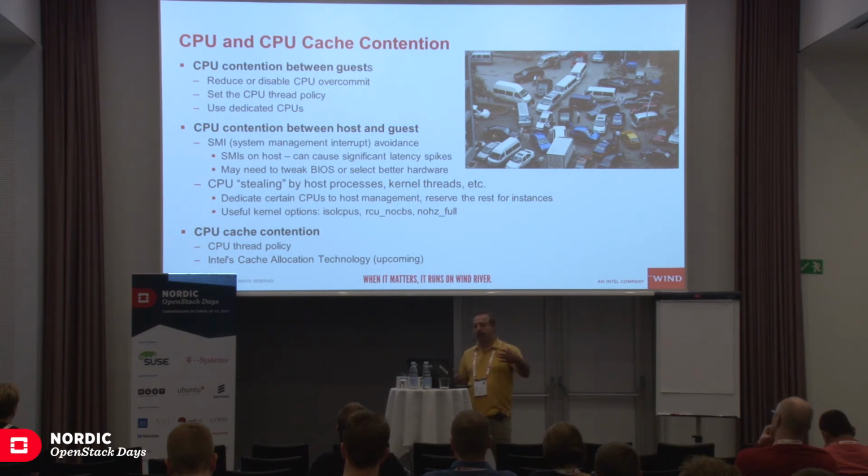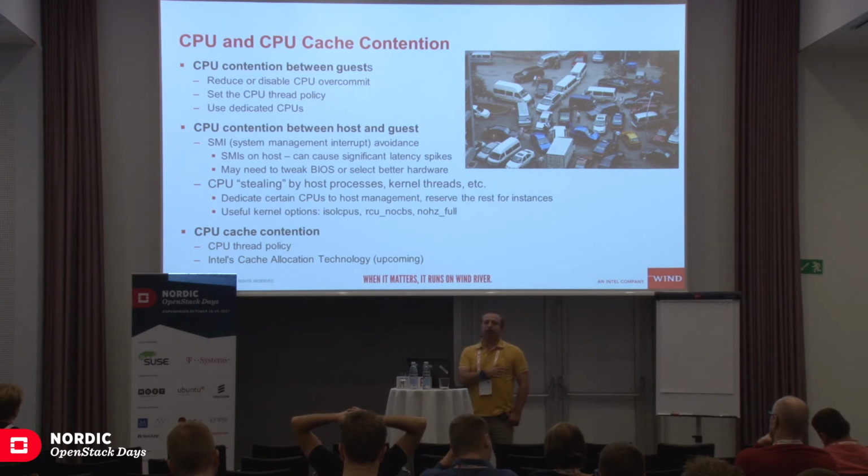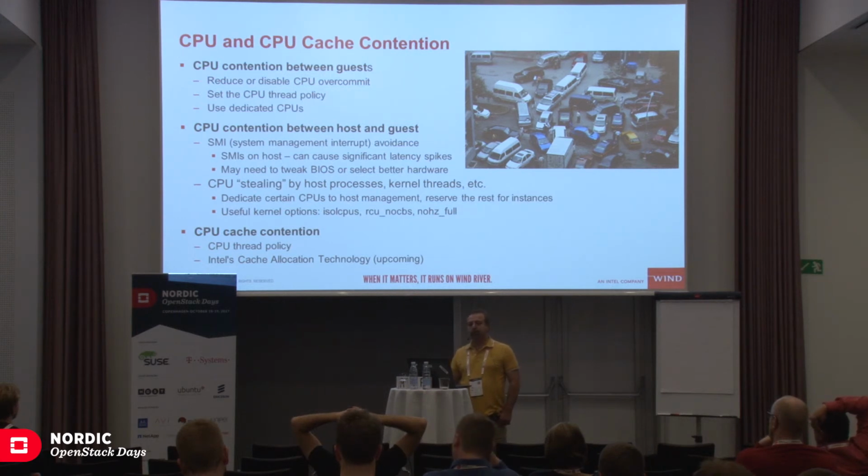To avoid this, we dedicate specific CPUs and isolate them to run just for the host, and isolate the rest of the CPUs to be free to be used by the VMs. The host just uses those CPUs that we pin it to use. There are some commands in both the flavor and the kernel itself, and in the Glance image, that you can use to set this option in order to isolate these cores.